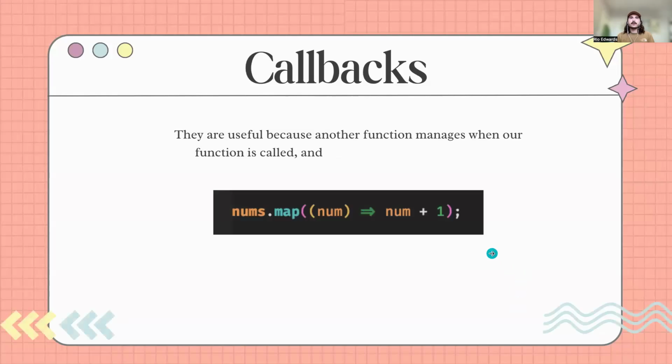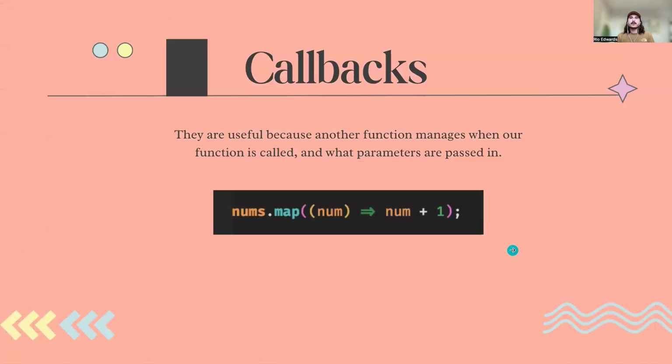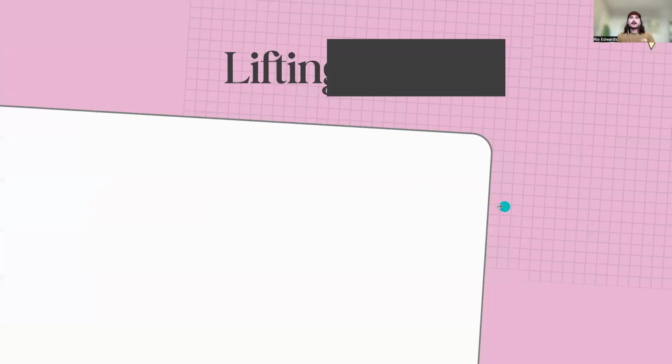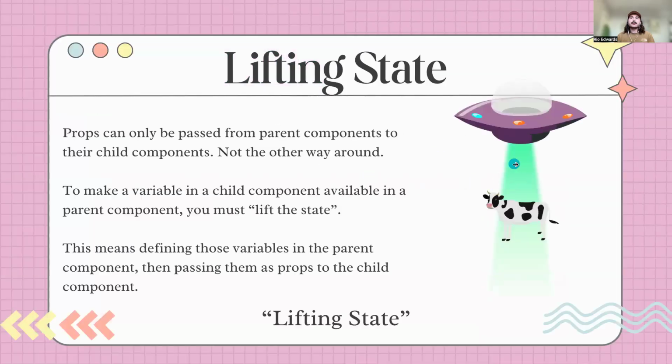I didn't finish showing you how to use that in React, but we'll get to that specifically in this section. So, lifting state. Lifting state is basically a solution to this problem where props can only be passed from a parent component to their child components, not the other way around.